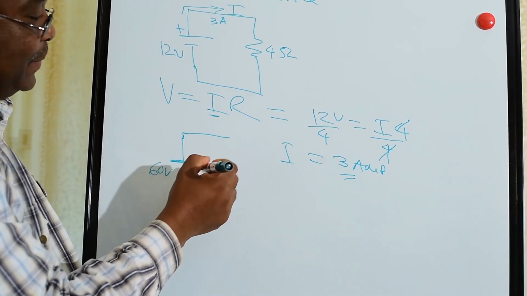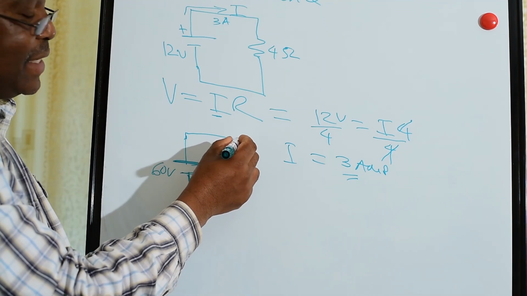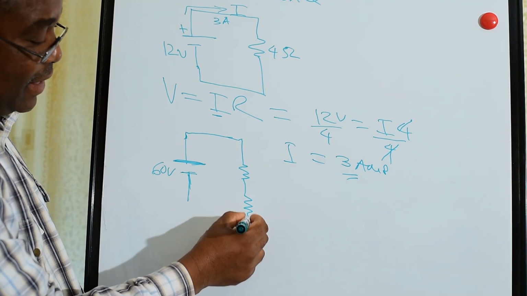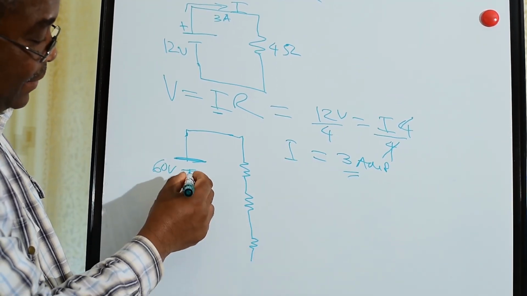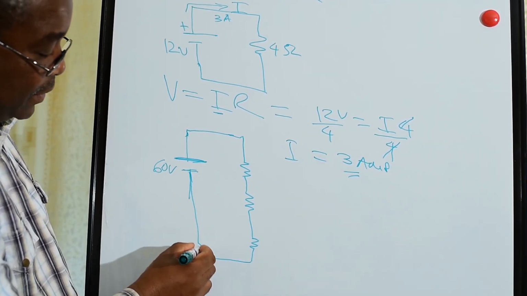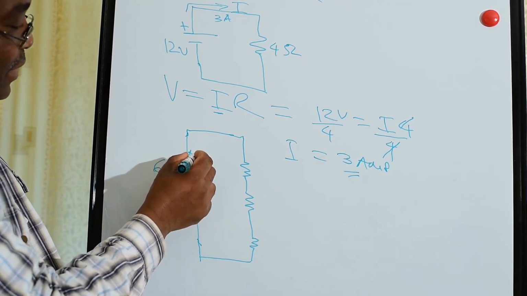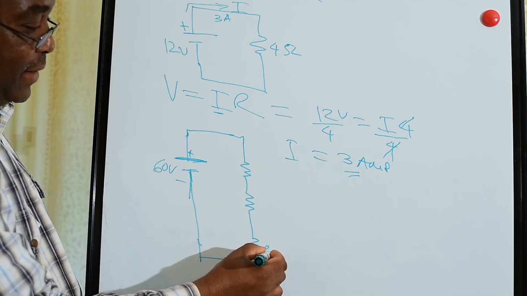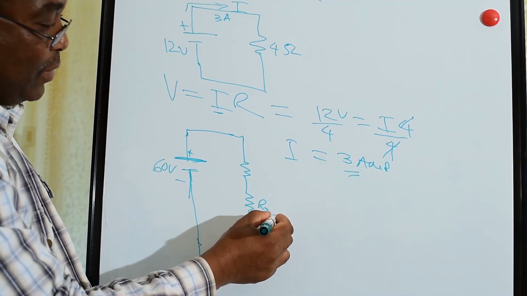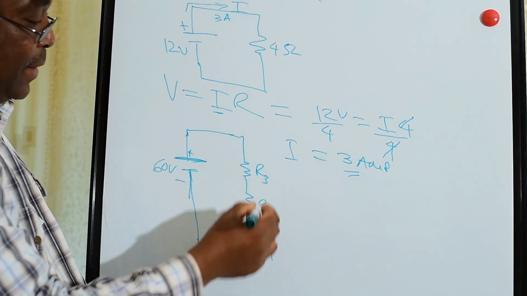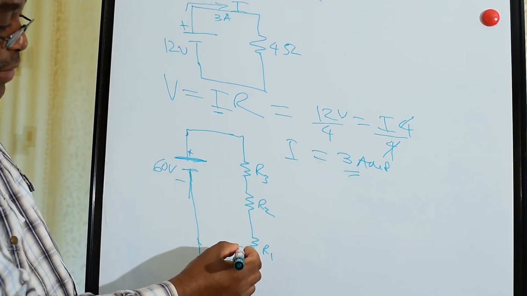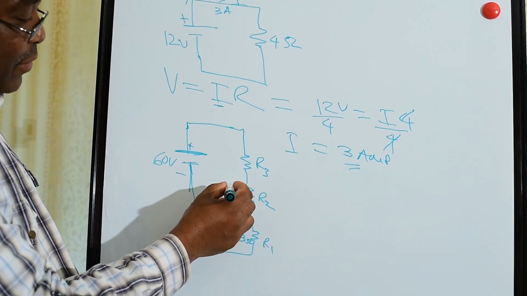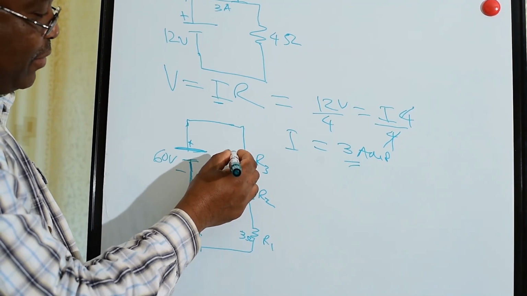Then we'll have our series circuit, the first resistor here, the second resistor here, and the third resistor here. This is positive, negative. This is a series circuit, R1, R2, R3. We can have values here: 3 ohms, 4 ohms, 5 ohms.